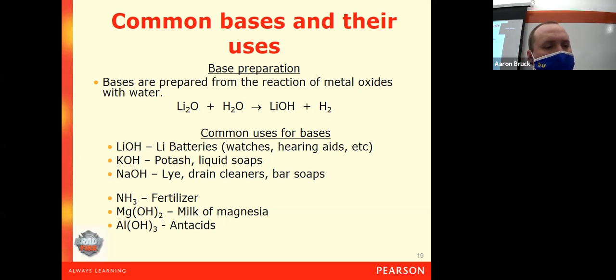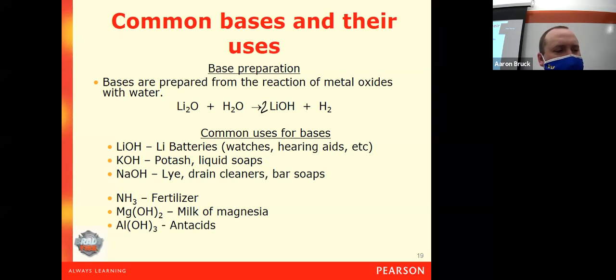When metallic oxides react with water, we get a hydroxide, lithium hydroxide in this case, and hydrogen gas. This presents a secondary kind of hazard for these reactions, since that hydrogen gas is flammable.